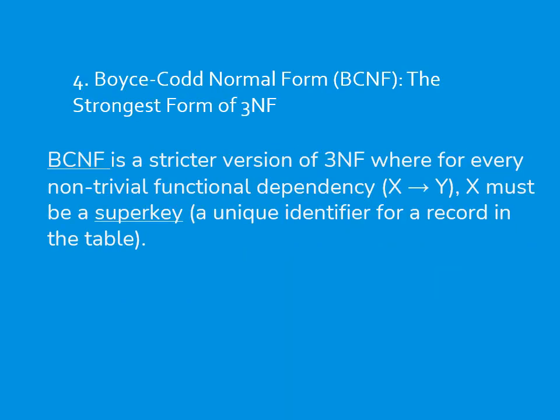Then the fourth normal form, Boyce-Codd normal form, the strongest form of the third normal form. BCNF is a stricter version of the third normal form where, for every non-trivial functional dependency X determines Y, X must be a super key, a unique identifier of a record in the table.